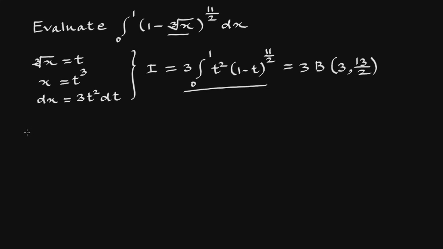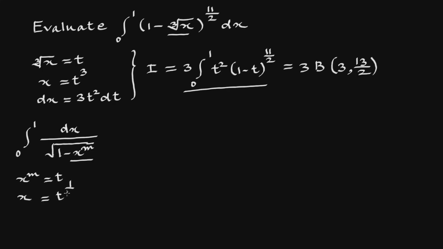Second example is evaluate the integral from 0 to 1 of dx upon square root of (1 minus x raised to m). Here also we can substitute x raised to m equals t. So x will be t raised to 1 upon m and dx 1 upon m t raised to 1 upon m minus 1 dt.